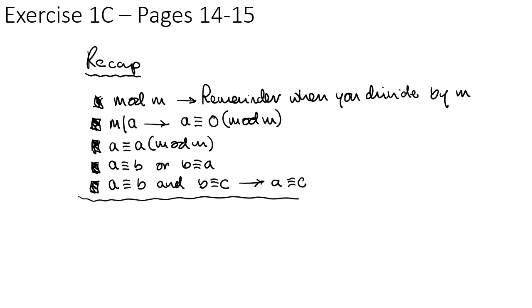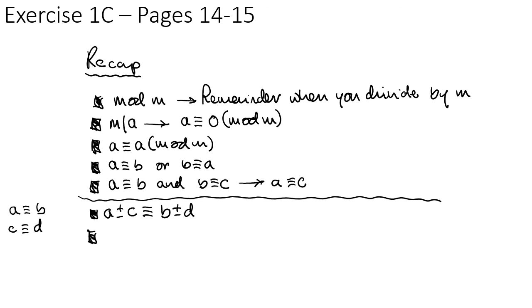And these last set of rules here are where we have congruency between pairs of numbers. Let's call them a, b and c, d. So the rules are, we can add or subtract a and c, and that will be congruent to an addition or subtraction of b and d. You can think of that like the addition rule, and then the multiplication rule. Multiplying a and c will be congruent to multiplying b and d.